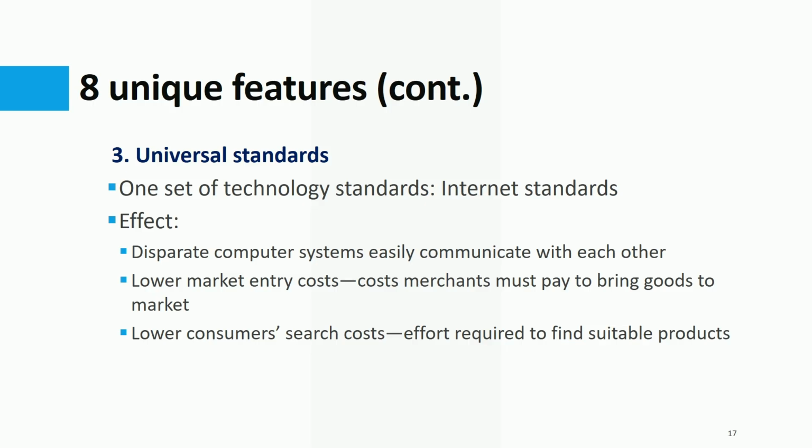This is different from traditional commerce, where each country might have its own rules for things like TV and phone technology. With universal standards, it's cheaper for businesses to sell online, and it's easier for customers to find what they are looking for. This is what we call universal standards.